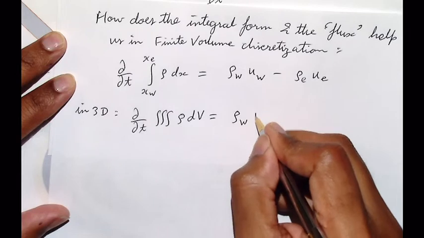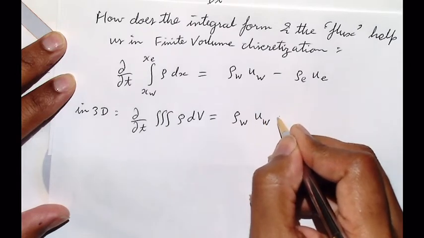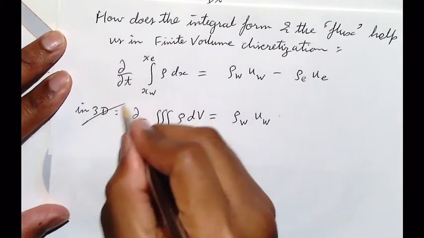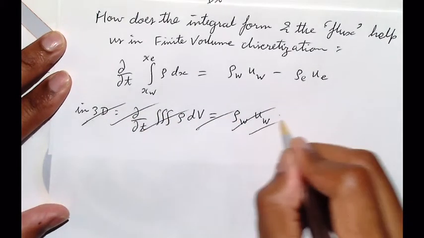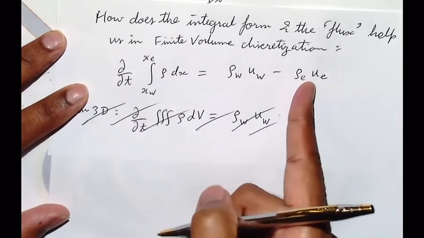Rho west u west times delta y delta z. Okay, so let's forget about the 3D. Let's stick to 1D until things become clear. Okay, so fine. The right hand side, how can I write this?